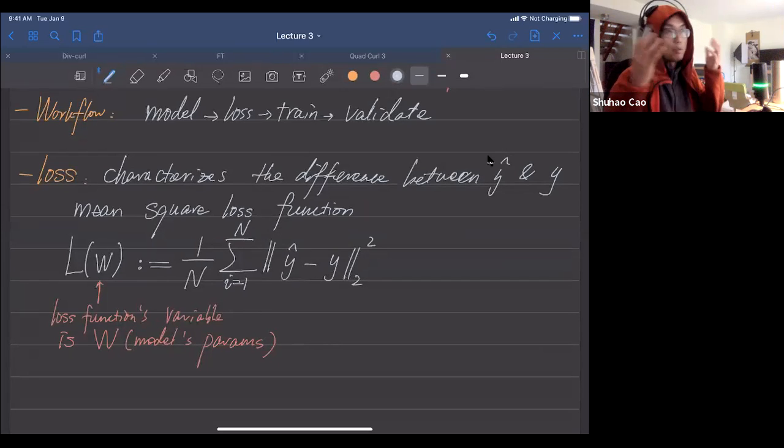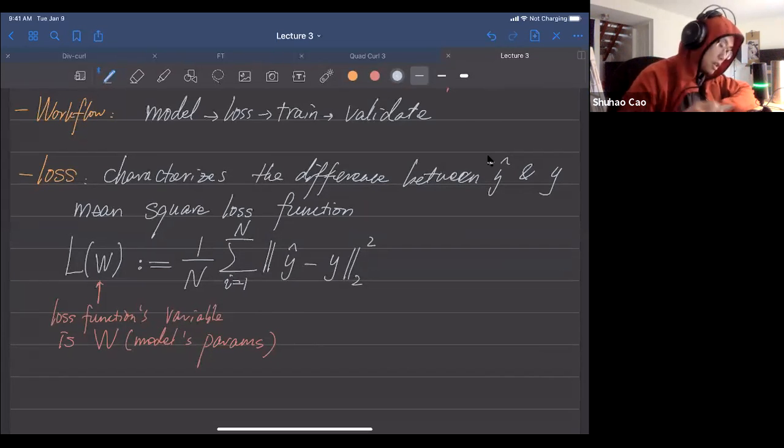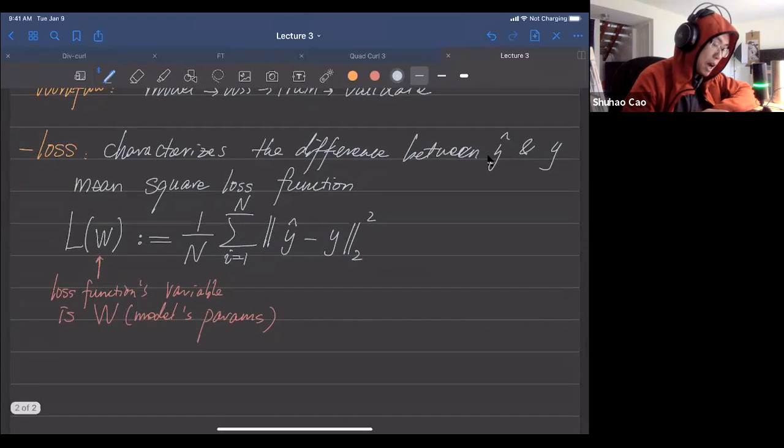Basically we take the difference between our model's prediction and the actual value. We measure how far apart they are, and we want to use optimization to minimize their distance. So this is the theory behind it.